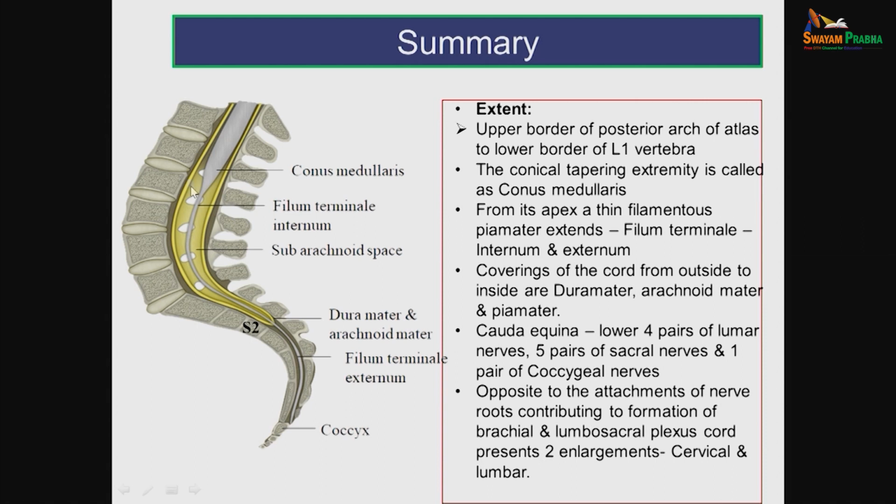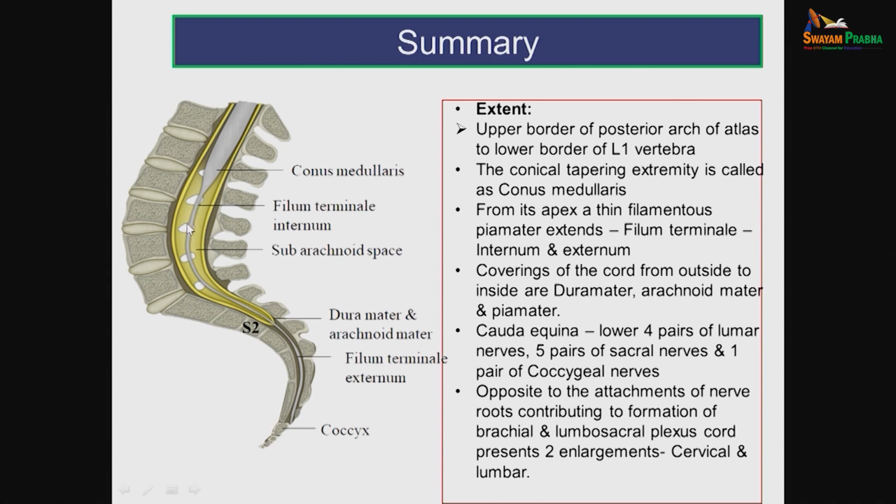The part within the subarachnoid space is called the filum terminale internum, which is 15 centimeters long. The part outside the dural sac, extending from S2 till the dorsal surface of the coccyx, is called the filum terminale externum, which is about 5 centimeters long.